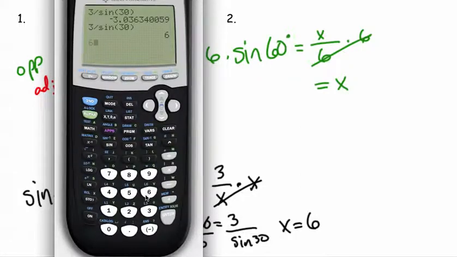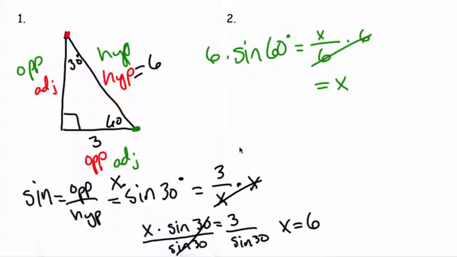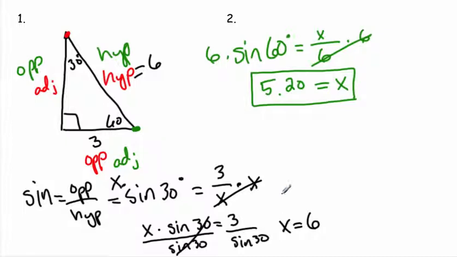So I'm going to go to 6 times sine of 60, and I get 5.20. I'll just round that to 5.20. And there we go. So that's how you can use sine to solve for the sides of a triangle. Notice I basically used the same example for both.